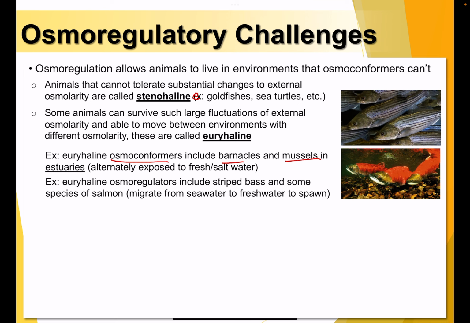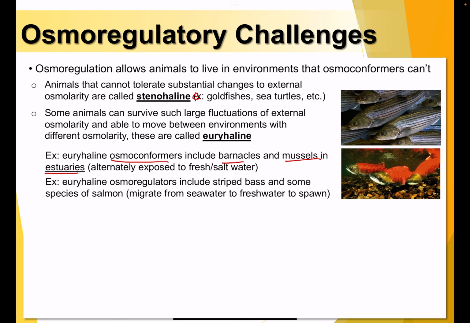Barnacles and mussels can live in what we call estuaries. Estuaries are bodies of water usually found where a river meets the sea, where a long river drains into the ocean. That point where the river meets the sea or ocean is what we call an estuary.